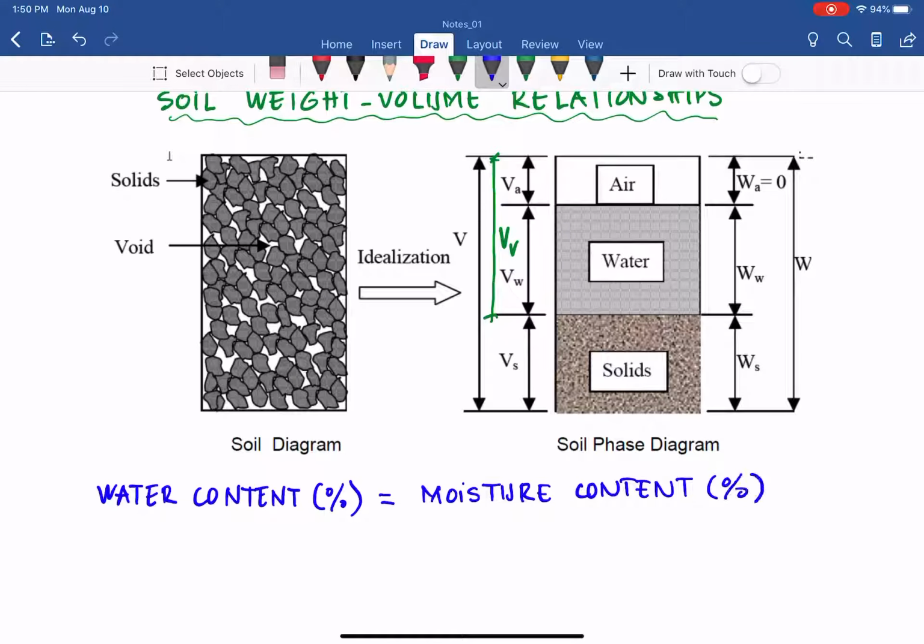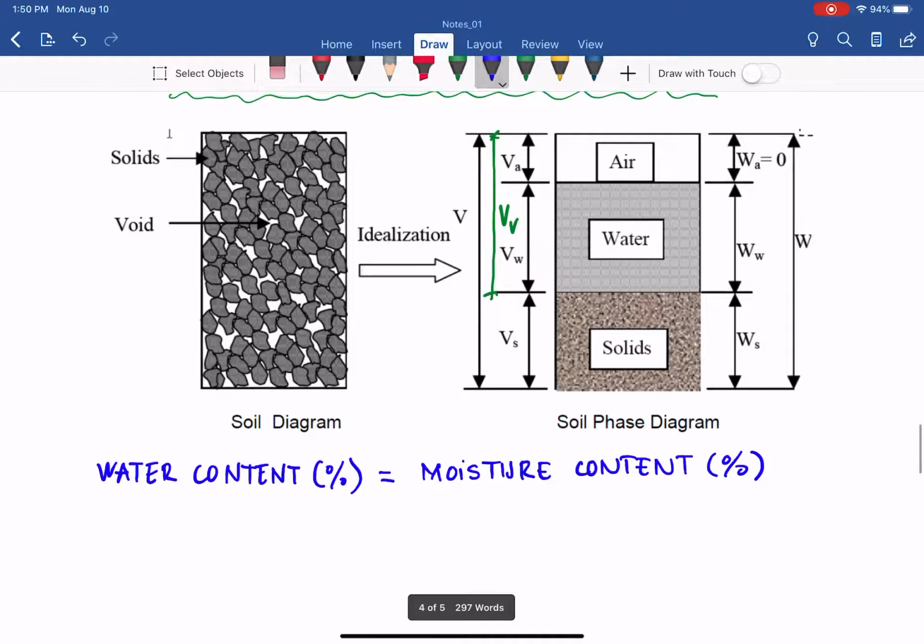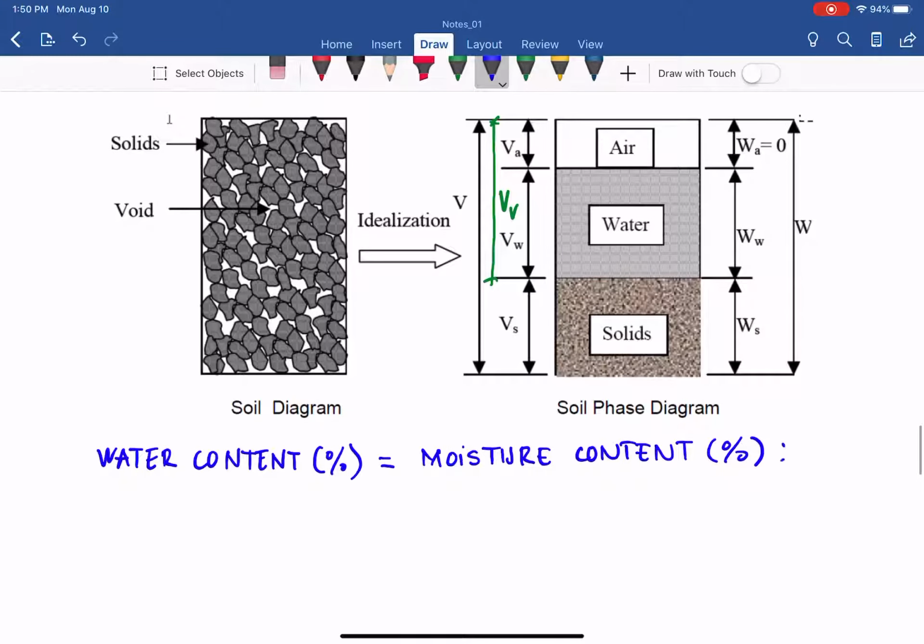So how can we have it? Water content, w lowercase, equal to the weight of the whole soil minus the weight of the solid part. So basically that is the weight of water, because the weight of air, Wa, equals 0.